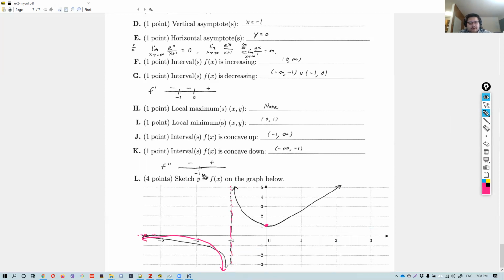And then to the right of -1, we're always concave up, and we are decreasing to increasing. And so that gives us something that looks kind of like this. So you just have to make sure that you make that 0, 1 look like a local min when you sketch this kind of curve.